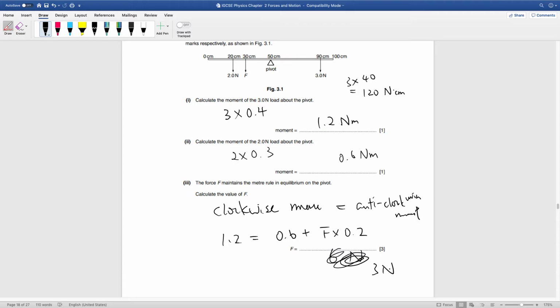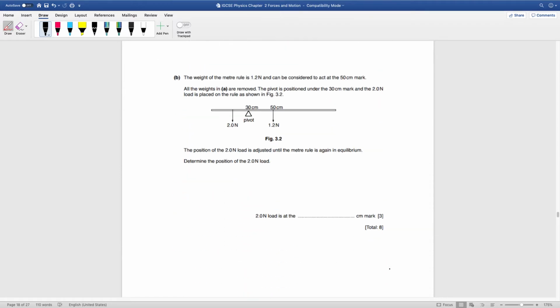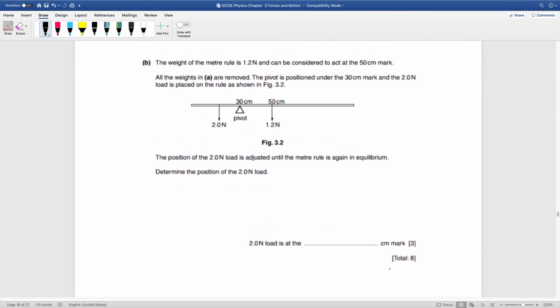Do I need to explain? Clockwise, just look at the clock. Look there, and then you know the direction of clockwise. Get it?